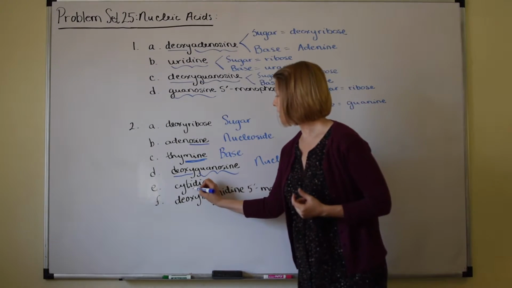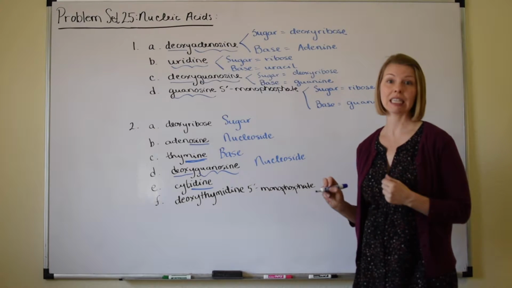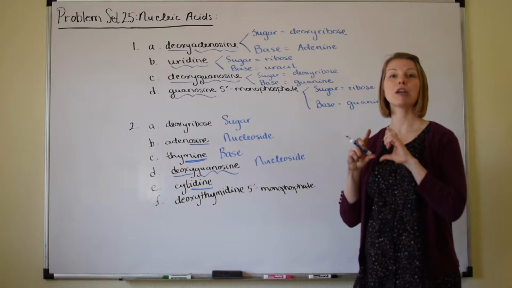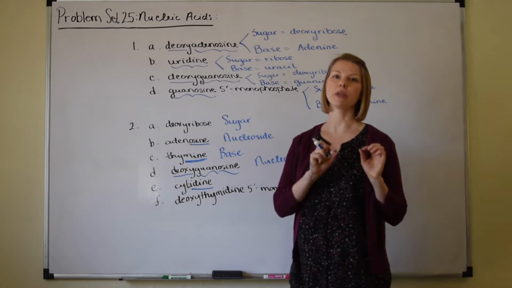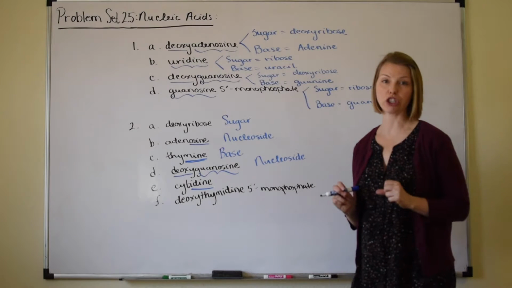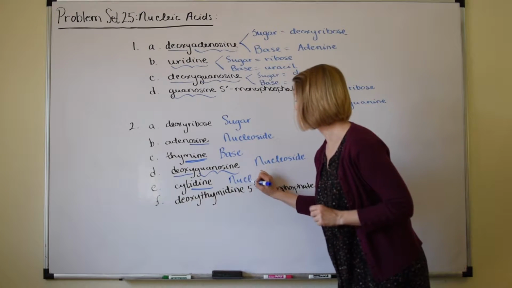When we change the ending to I-D-I-N-E, because it is a pyrimidine, we know that we're talking about a nitrogen-containing base cytosine that has been linked to a sugar. In this case, there is no prefix, so it must be linked to the sugar ribose, making this a nucleoside.